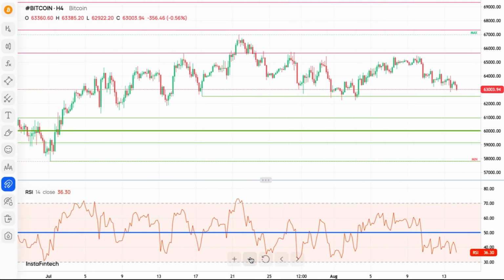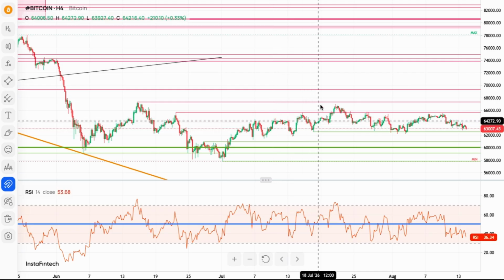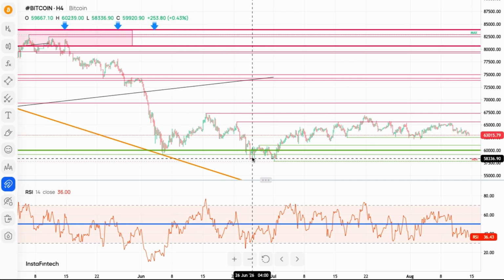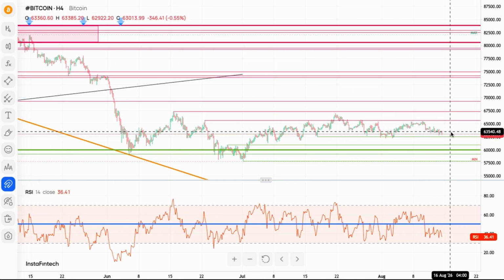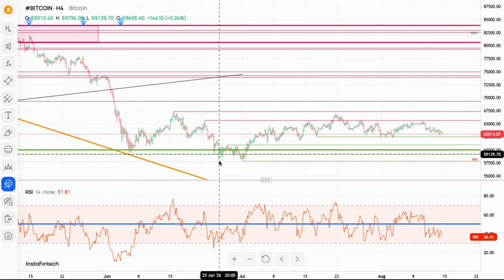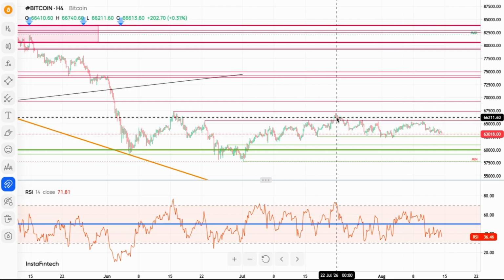Nevertheless, even if we get there, you can still see that we are still inside of this range. Very good example of the sideways trend after the very strong downside movement. So this sideways trend is still being continued, and this market looks heavy from the technical point of view. So we got the impulsive decline, then some sort of sideways market, some sort of consolidation with occasional attempts to move higher.